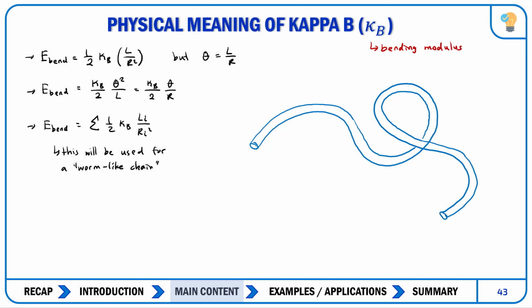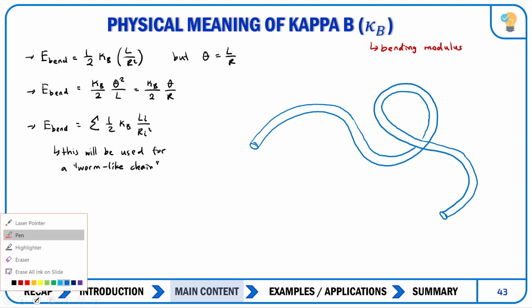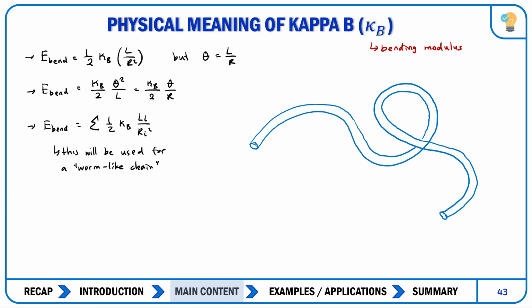Okay, so I have my worm-like chain model of DNA, and there's going to be quite a few bends here. So how can I model this? I can model it with a sphere that I've drawn here.